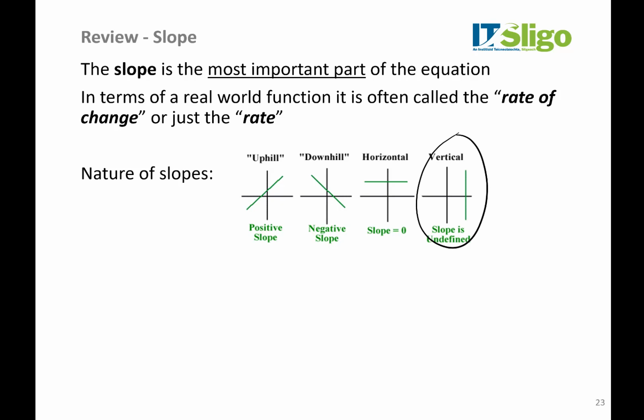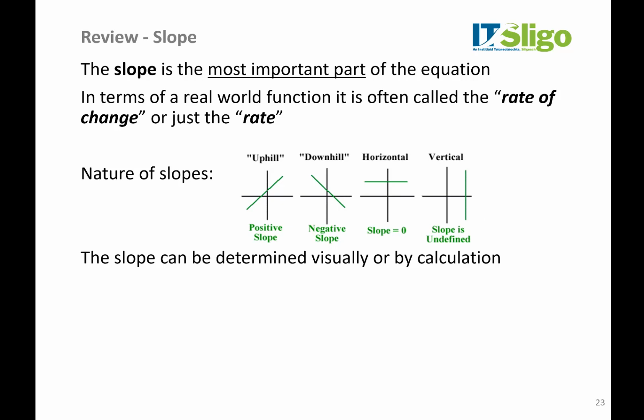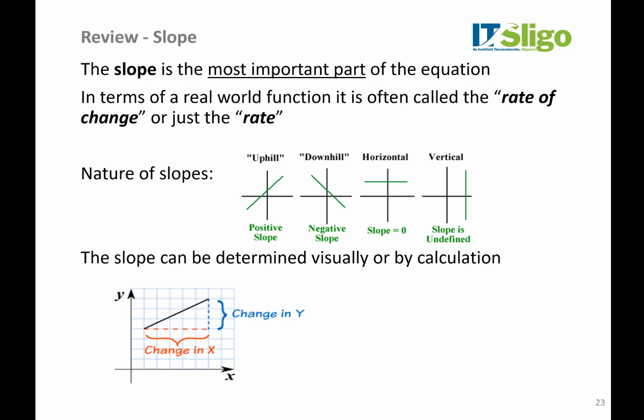That doesn't really occur in science, so we generally don't deal with vertical slopes in science. Certainly not in this module anyway. Just to be a bit more specific, the slope can be determined visually, like in lecture 3. What's the change, what's the rise over the run? Or using the slope formula if we know 2 points or 2 state points, 2 pieces of data from our system.